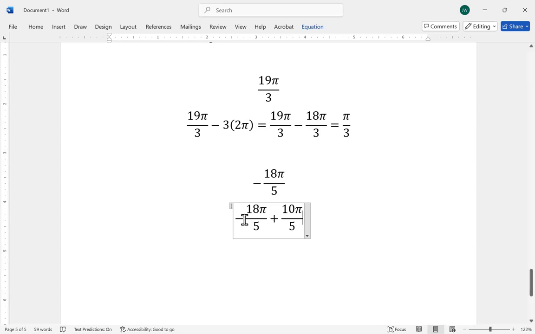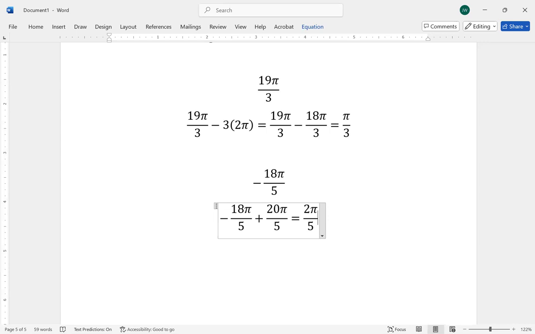If I just add 1 copy of 10 pi over 5, I'm still going to have a negative angle. So we're going to have to add 2 copies of 10 pi over 5. 2 copies of 10 pi over 5 gives me 20 pi over 5. And so negative 18 pi over 5 is going to be coterminal with 2 pi over 5.